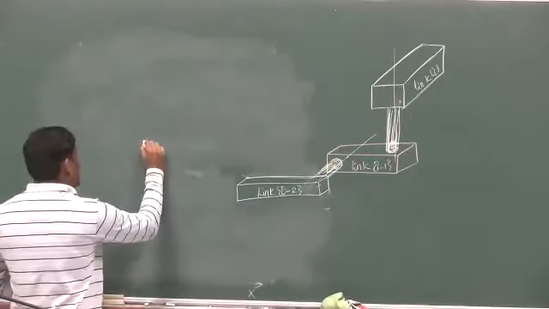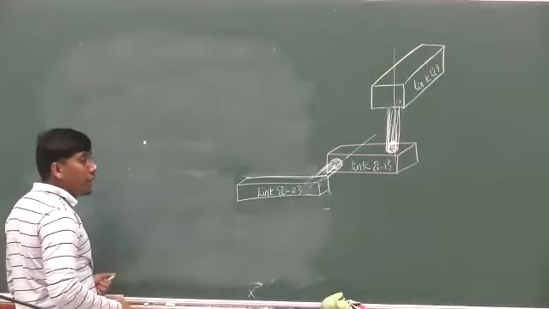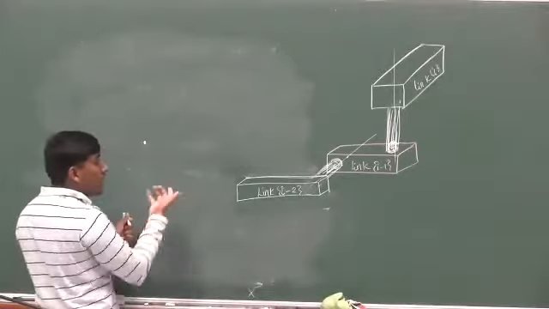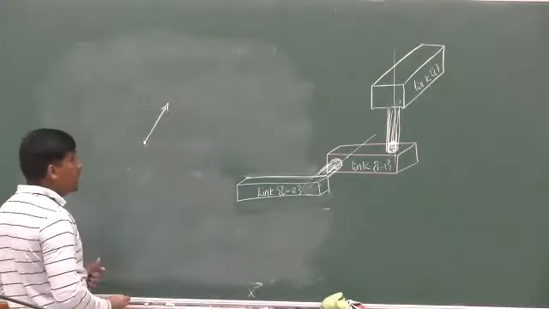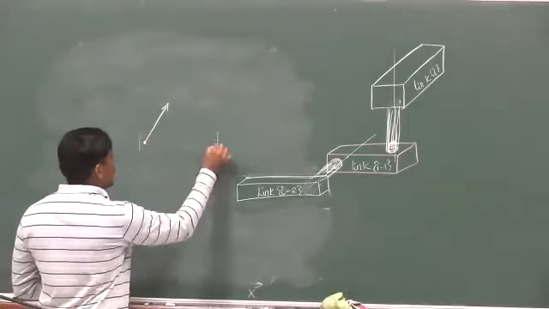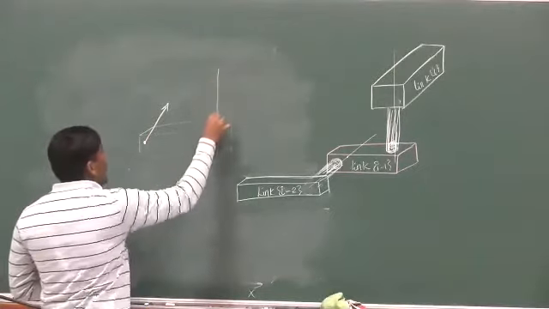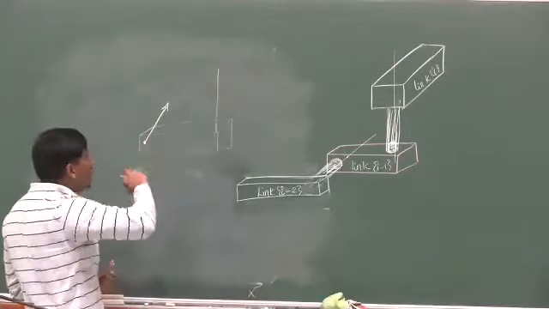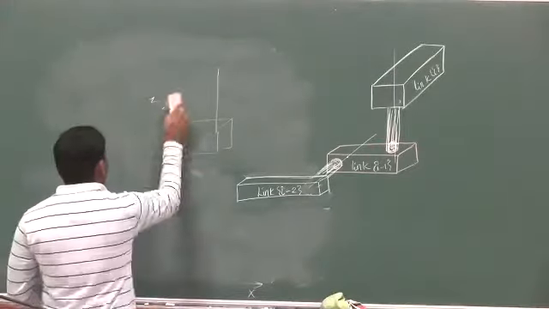The first axis goes towards the board, and the rotation axis is positive like this. If I take this virtual link, you can see the second axis coming. So this first axis is pointing inside.